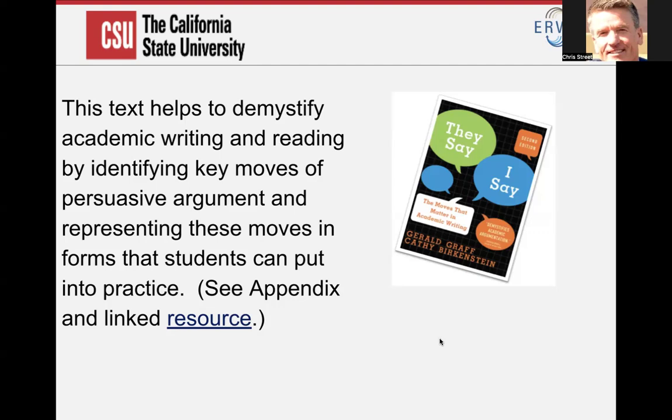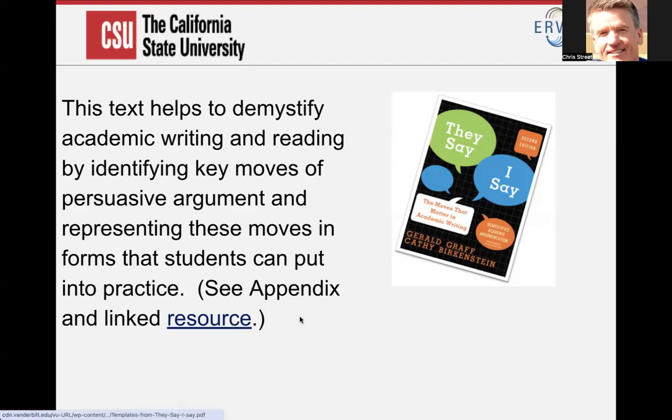Every writing center that I know of in the country actually promotes the writing frames or sentence frames that are located at the end of this book in the appendix. And what it really helps do is give kids the moves that matter for how to put their ideas into academic writing. It helps demystify academic writing.